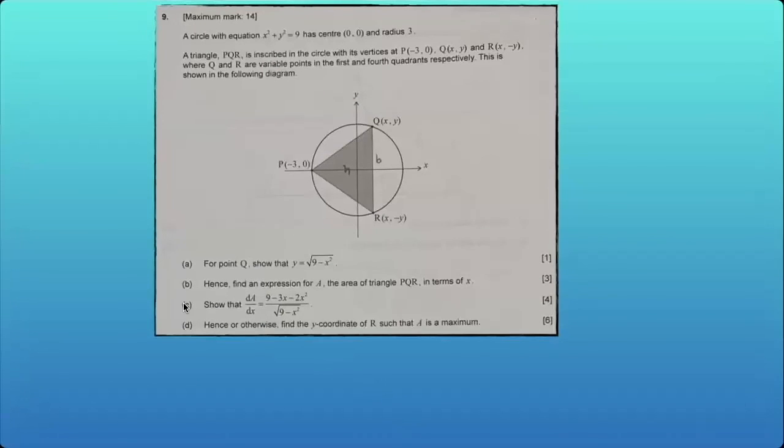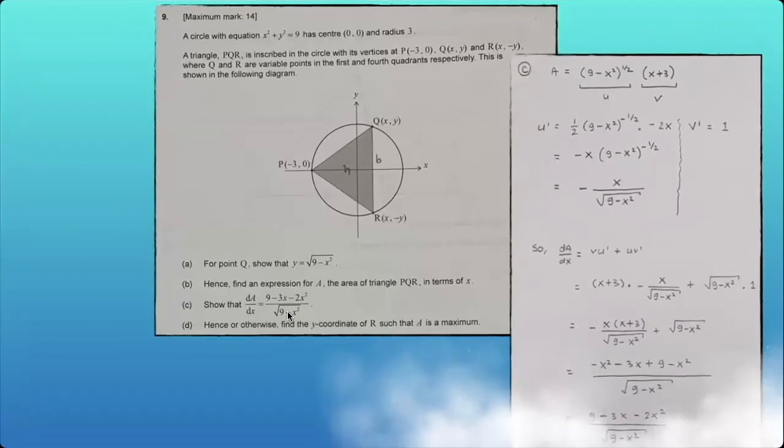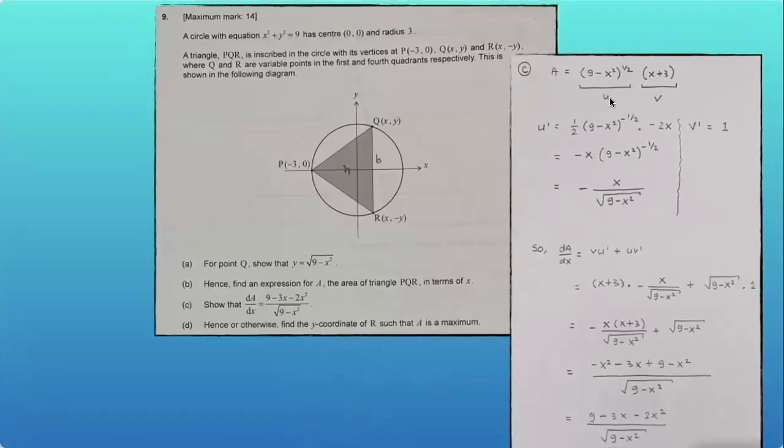Moving on to part C, show that dA by dx is equal to this expression. Well, we have found the expression for the area of a triangle in part B, so we can differentiate this. Let's assign u to this expression, and let's assign v to this expression.